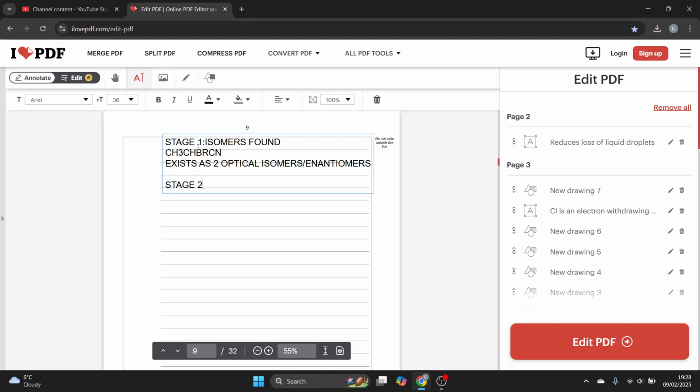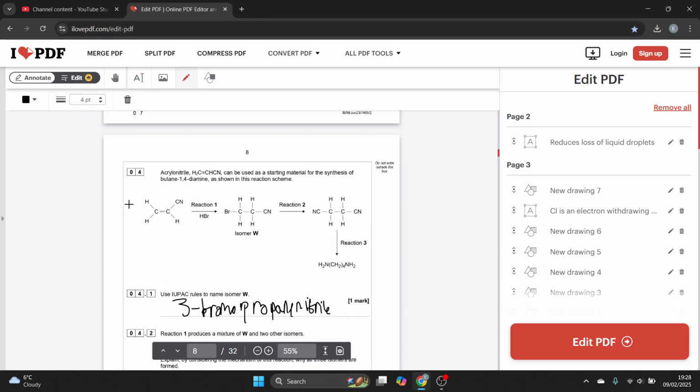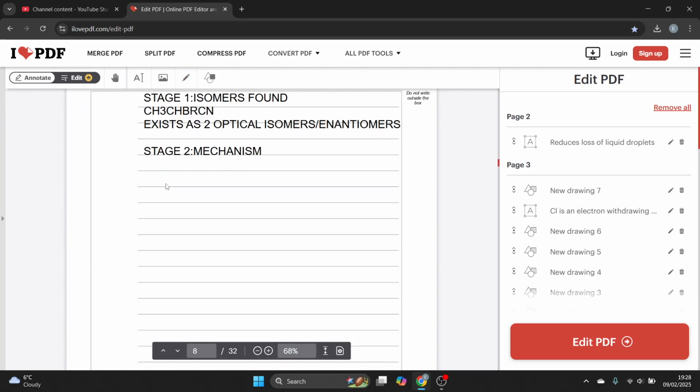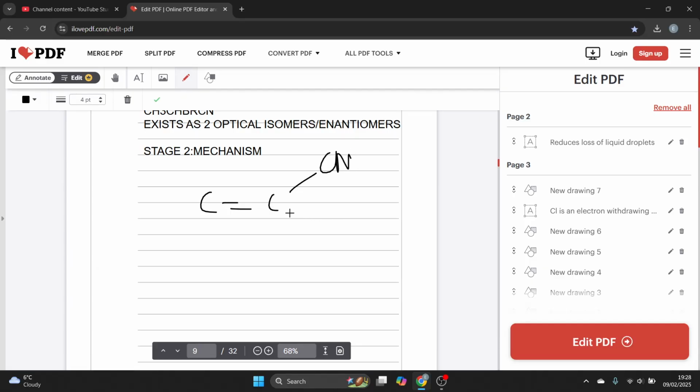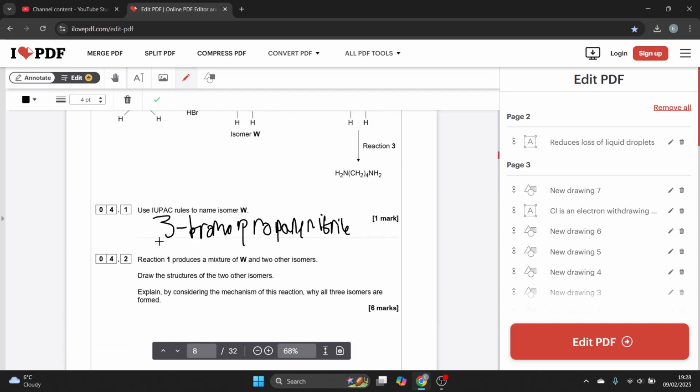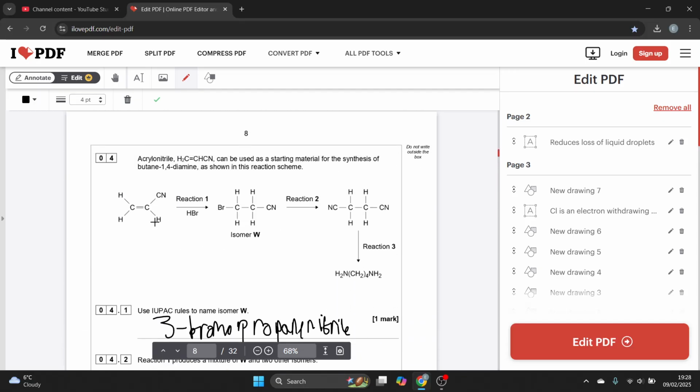Stage 2: mechanism. With the mechanism, I'm just going to draw it there. Then instead, C to C, CN, H. It doesn't even ask me to name this mechanism, but it is electrophilic addition.